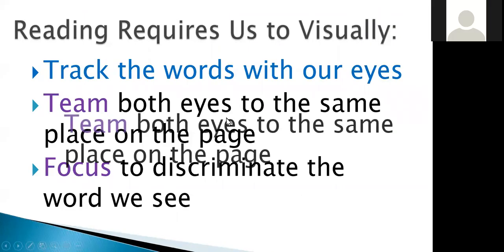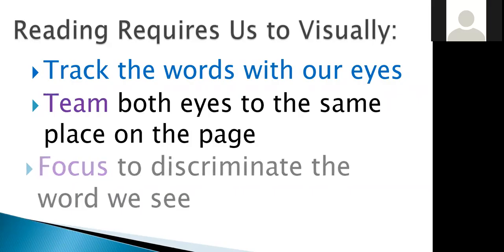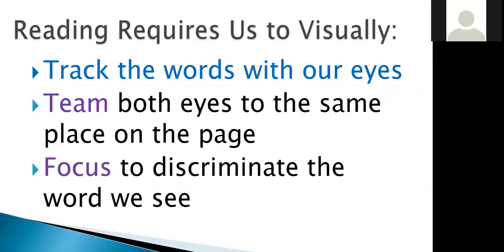Both eyes have to go to the same place on the page that the child is reading, and of course this applies to adults. Then you have to be able to focus on specific words or letters to see the word as you're reading. And if you recall, track, team, and focus, the first three words of those bullets, are the same physiological skills that your eyes need to see VR.